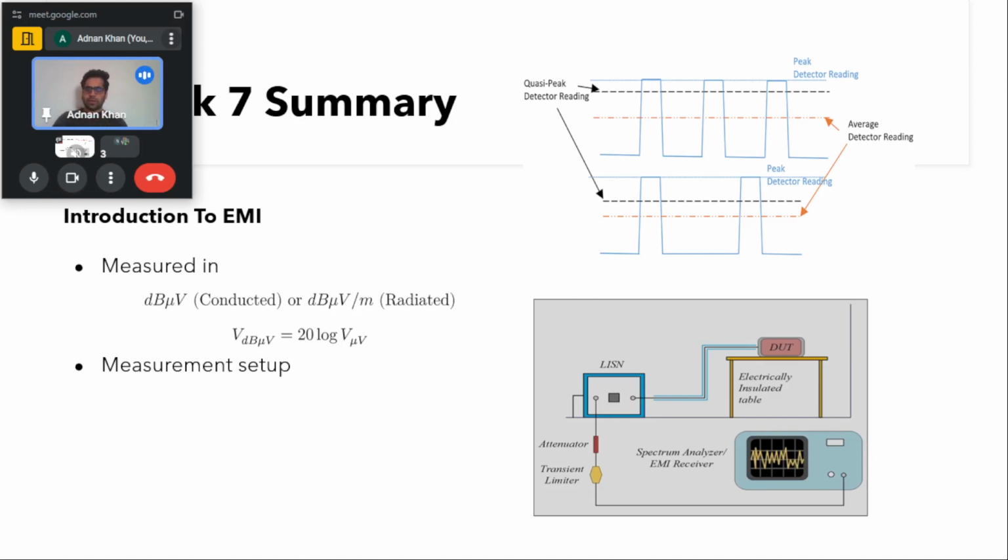We usually have an electrically isolated table on which we put the device under test, which is connected to this LISN. From the LISN, we take a connection to the spectrum analyzer, where we see the EMI levels or EMI waveforms, and from that we calculate the measured unit in which this EMI is measured, and we see the EMI levels at particular frequencies.